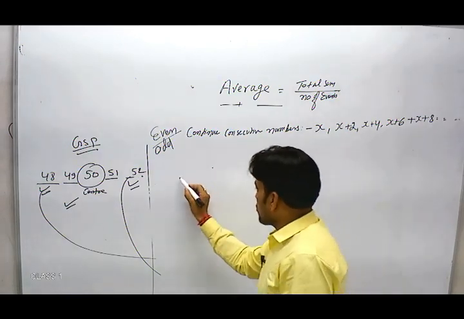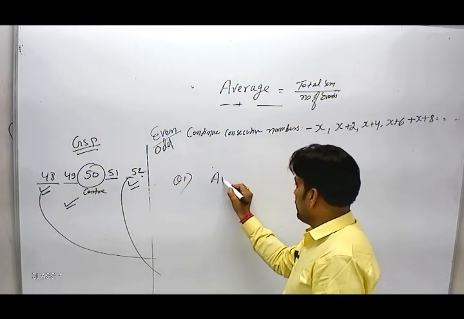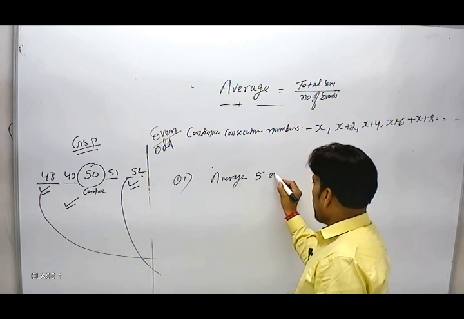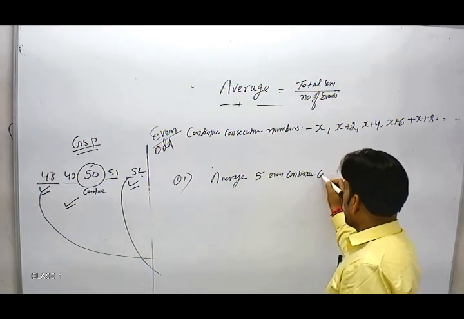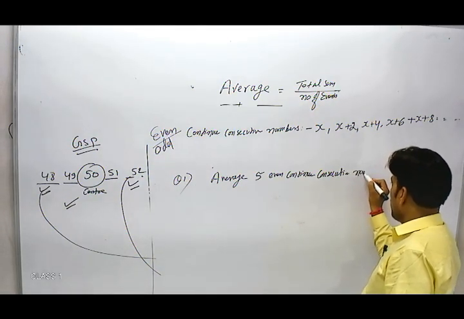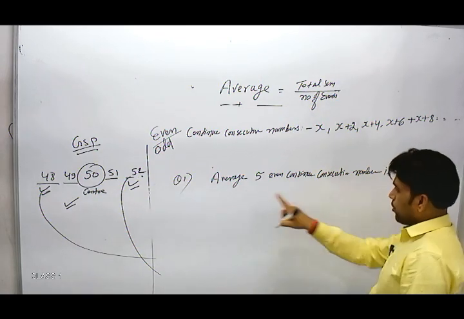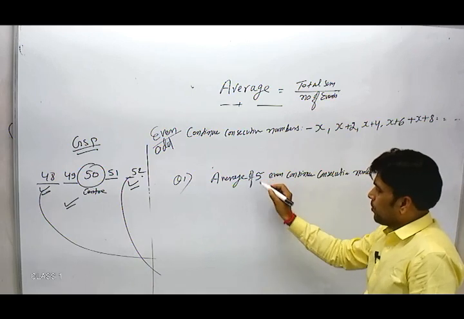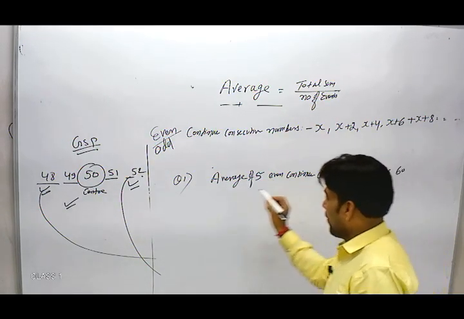Let's start with one example question. Average of 5 even consecutive numbers is 60.